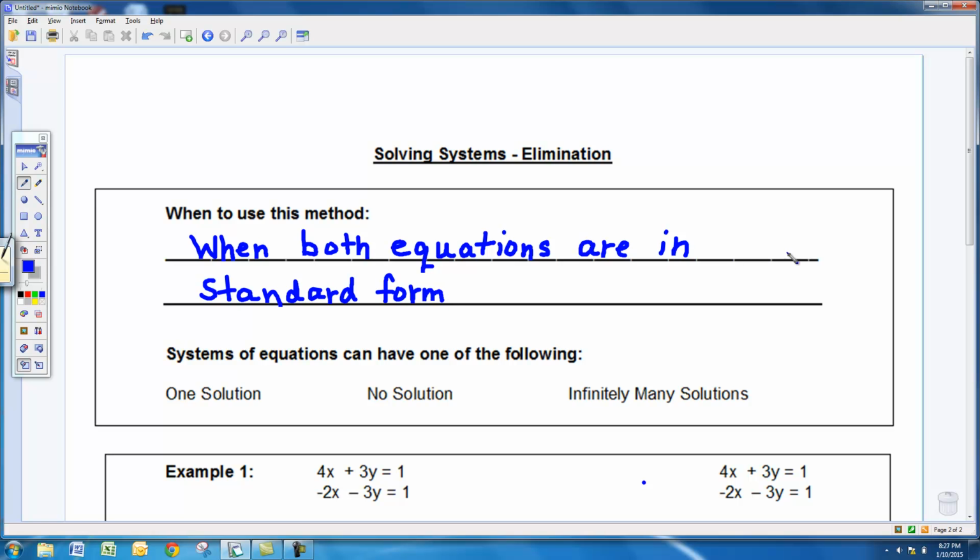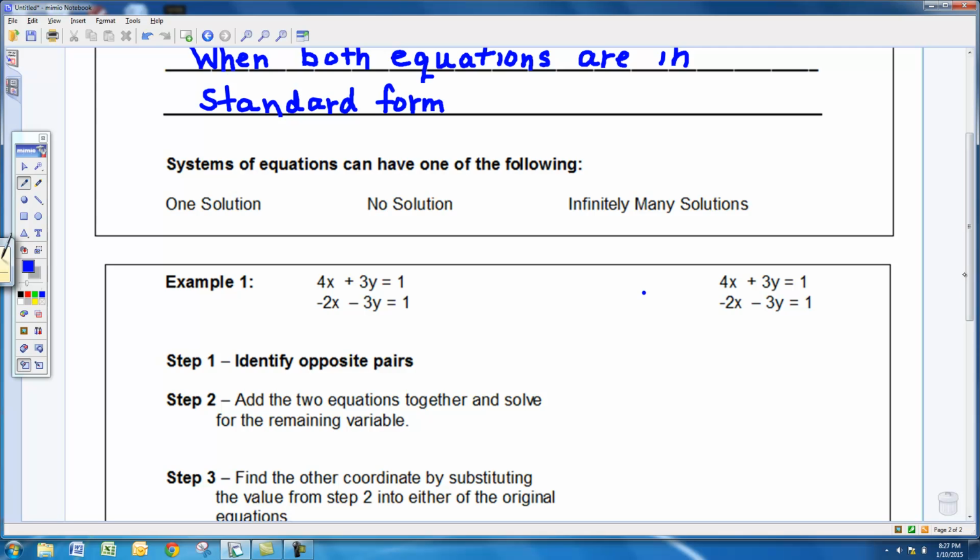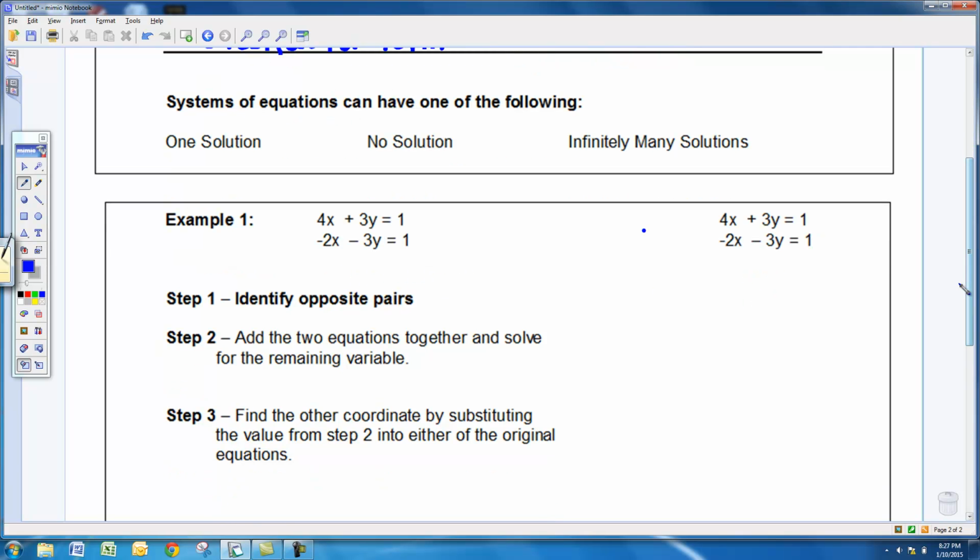So let's get right into it and do an example. The goal in elimination is to find an opposite pair and eliminate it. Remember that a positive and a negative will cancel each other out. So we want to find an opposite pair to cancel out.